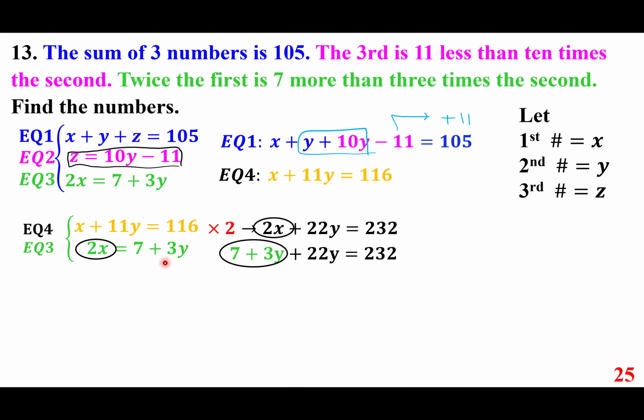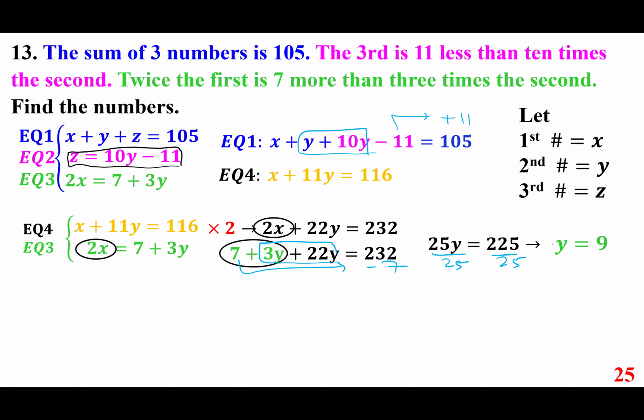Now, I'm going to replace the 2x with 7 plus 3y. When we do that, these two give us 25y. And we move the 7, we get 225. Divide both sides by 25, and y becomes 9.